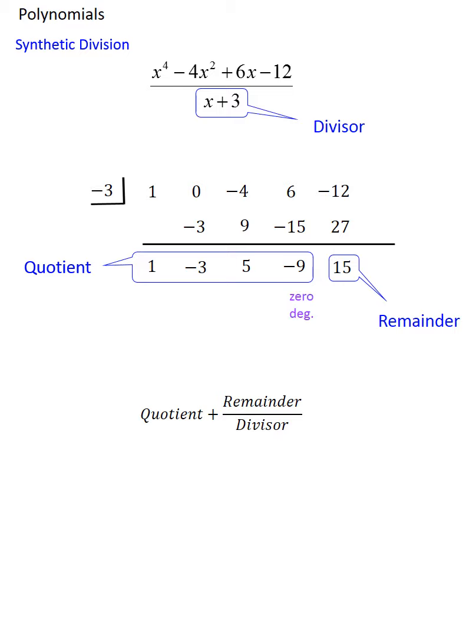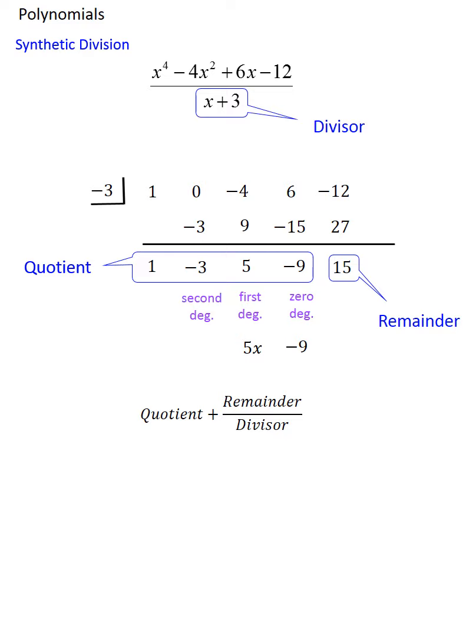Whatever your last number of your quotient is, that's your 0-degree term or your constant term. So that's going to be part of the quotient. It'll be the last term of the quotient. Working my way from right to left, the next term is my 1st-degree term, meaning the coefficient of the x to the 1st power. So that 5 really represents a 5x term in my quotient.